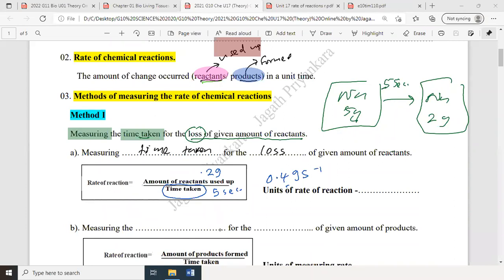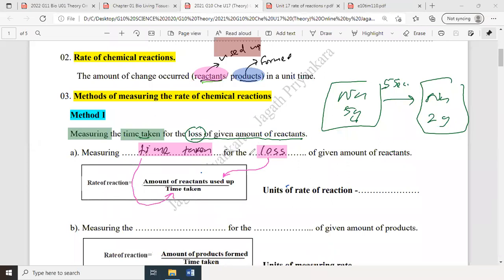What I wanted to highlight is that the time you have to measure, and the loss of mass or whatever concentration you have to monitor and record. Then only you can add those two values here. The loss you put here and the time you put here, and get the rate.